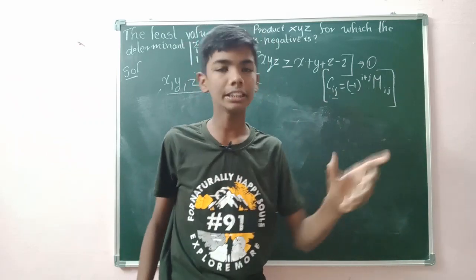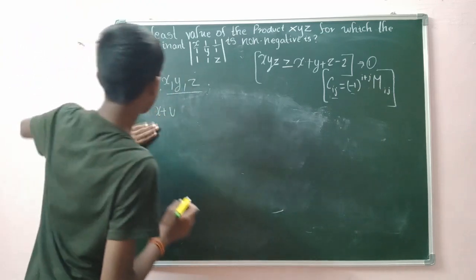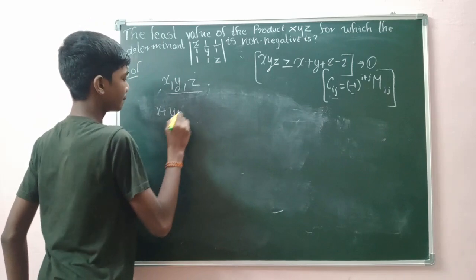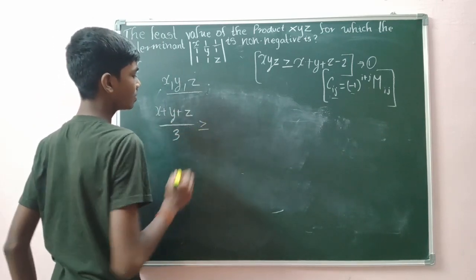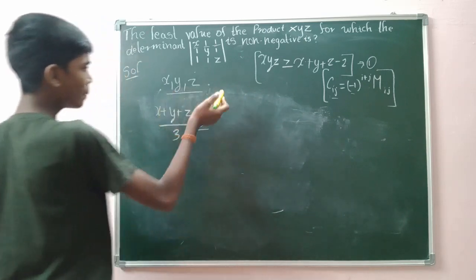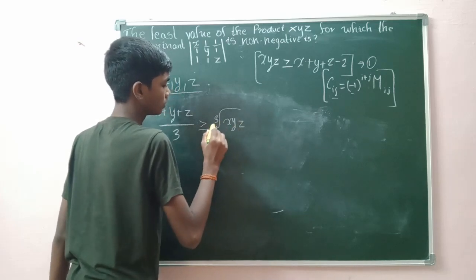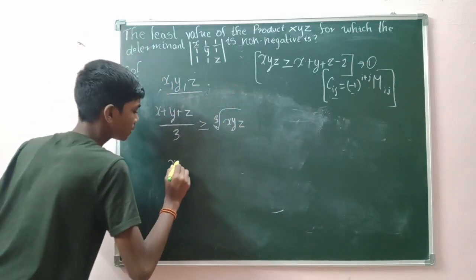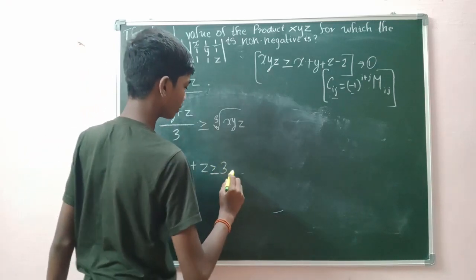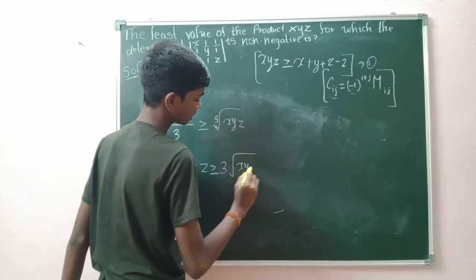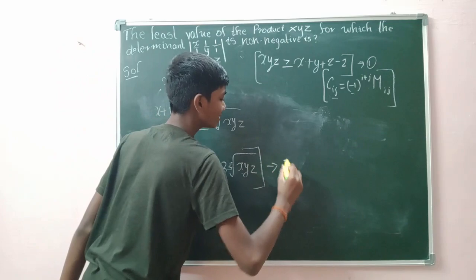So the arithmetic mean, that is (x plus y plus z) by 3, will always be greater than or equal to the geometric mean of 3 elements, which will be the cube root of xyz. So take this 3 to that side. Therefore your x plus y plus z will be greater than or equal to 3 times the cube root of xyz. So now let me keep this as equation 2.